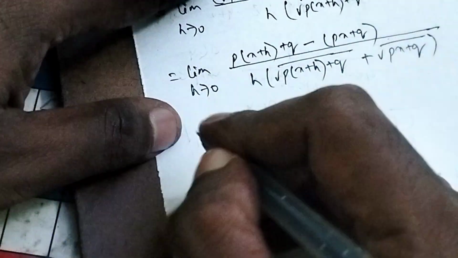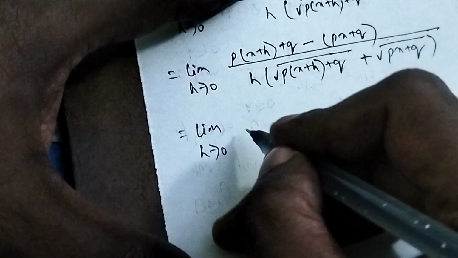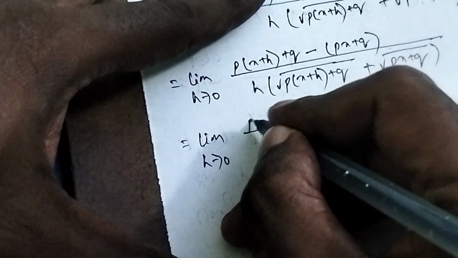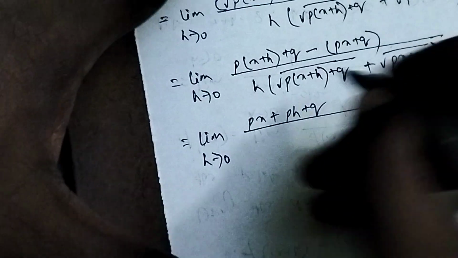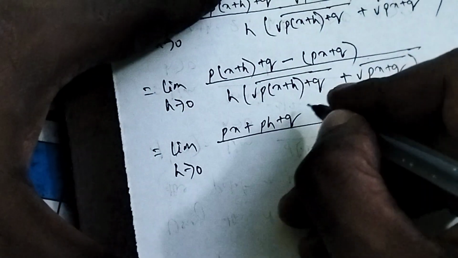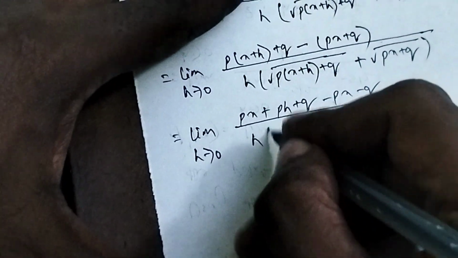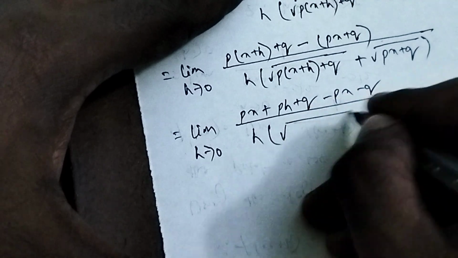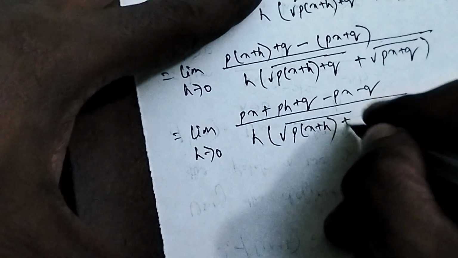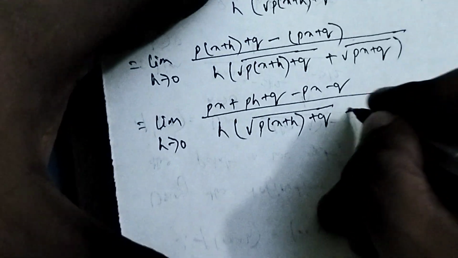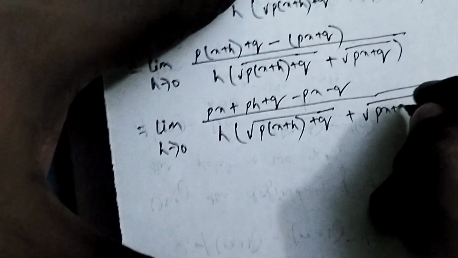Okay, is equal to limit h tends to 0 px plus ph plus q minus px minus q, h into under root p into x plus h plus q plus under root px plus q.